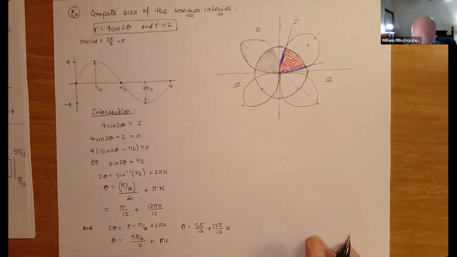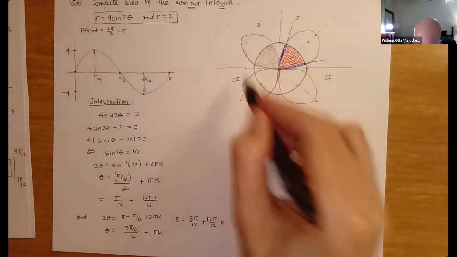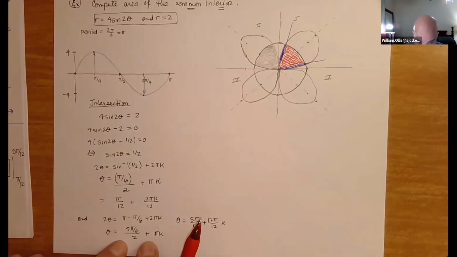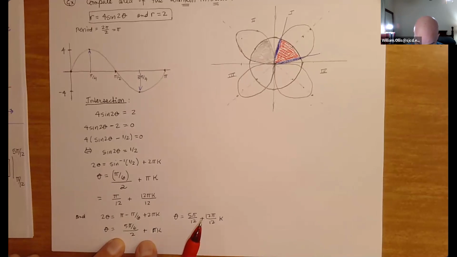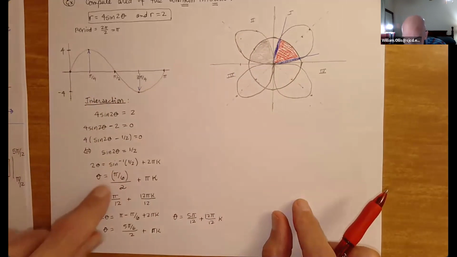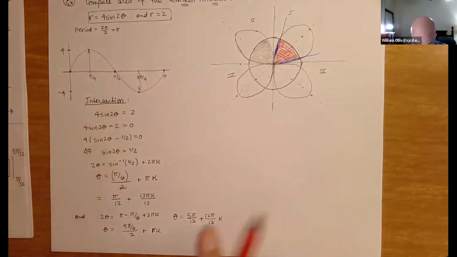Now, here's the interesting thing. This will give us all the values in all the other quadrants, but the ones that we're interested in, this is Professor Ron's lemma here. This is what you learn in pre-cal, because if you have a solution to a standard sine equation in the first quadrant, you necessarily have one in the second quadrant, and you get that by subtraction from pi. So that's just pre-cal.